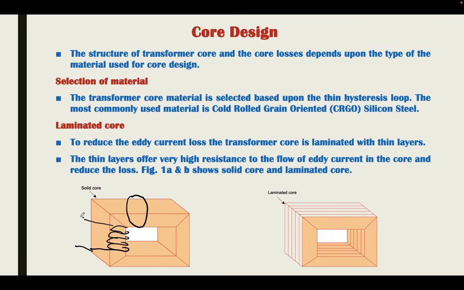If you place winding V1 and similarly V2 on this side over a single core having a solid structure, in that case, because this core is also a complete path, some current will start flowing within this core also, and that current is known as eddy current, I_E.